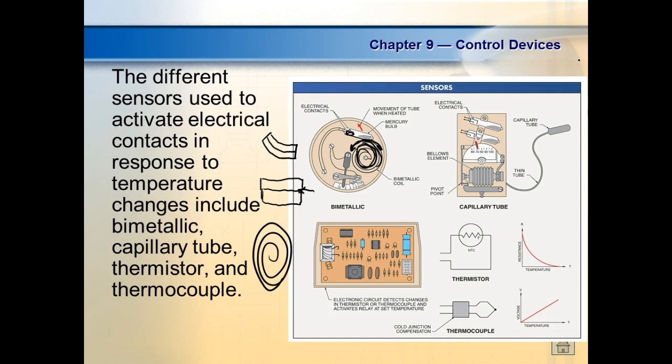Or if you've got something that needs to control something when something's at a certain temperature. So if you've got a gas water heater, you notice there's no electrical wires going to the water heater. There's none at all. But it knows when to turn on the gas and turn off the gas, right?